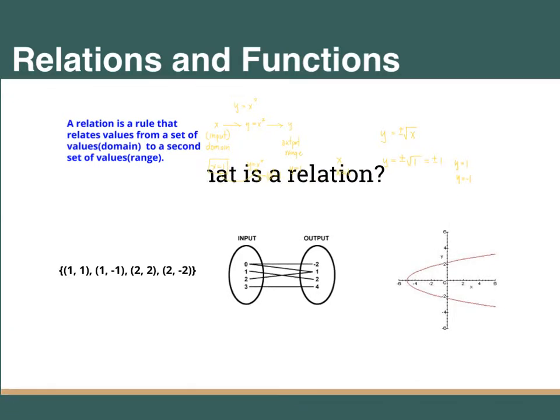Now that we understand the concept of relations in general, let me introduce the idea of functions. Take note that the definition of a relation is a rule that relates two sets of values. A function is more specific.